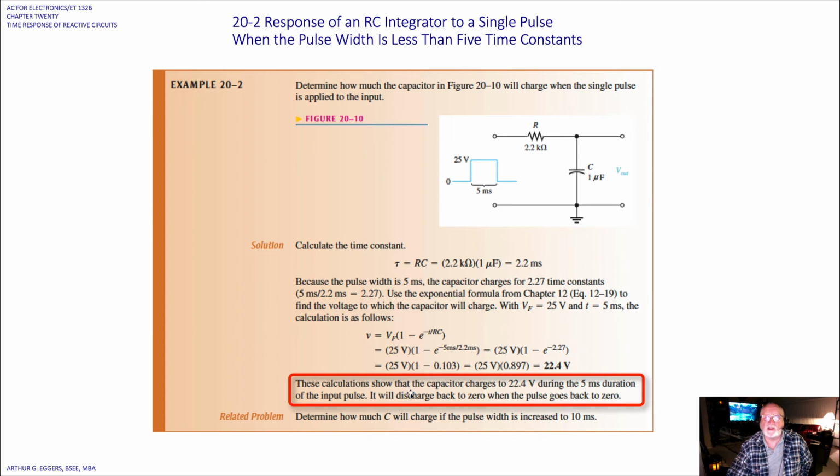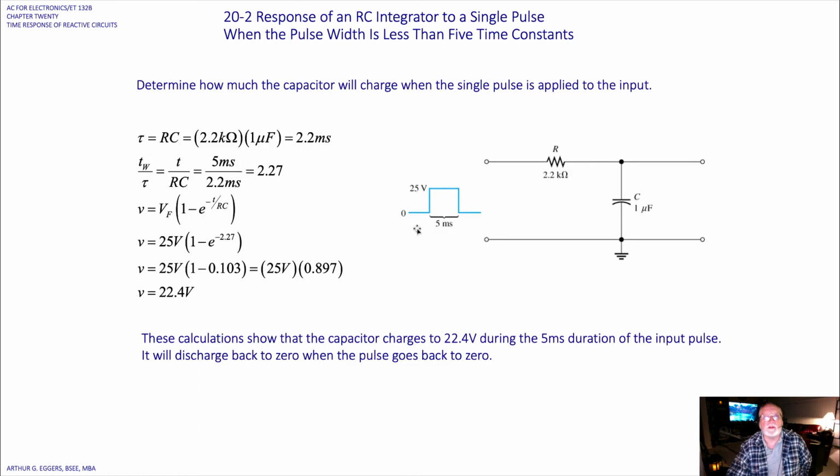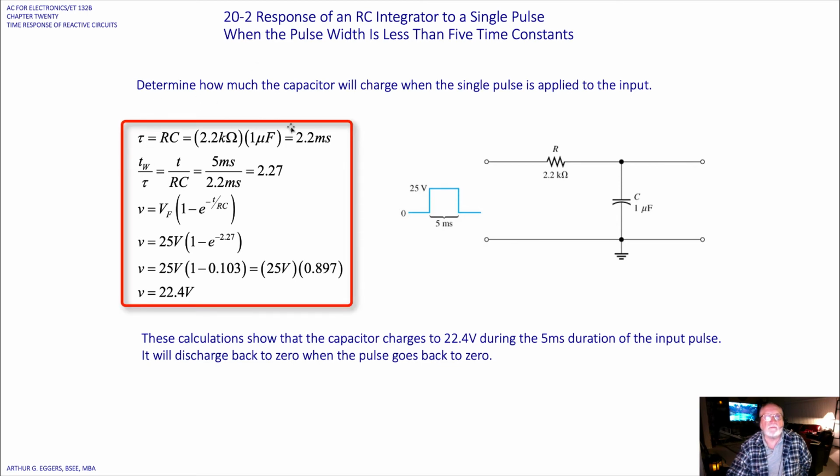These calculations show that the capacitor charges to 22.4 volts during the 5 millisecond duration of the input pulse. It will discharge back to 0 when the pulse goes away. Okay, so that's a single pulse. Again, we can look at it here, expanded, which might be a little easier to follow. Each of the steps are the same. Take a look at this, pull out your calculator, work through this example, and make sure that you understand this and refamiliarize yourself with the exponential form.